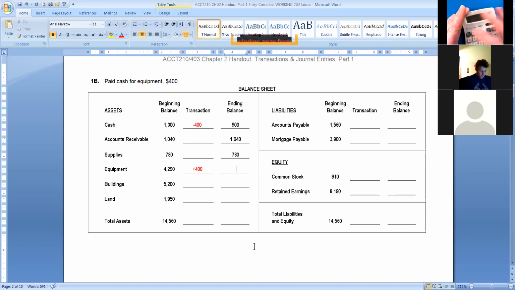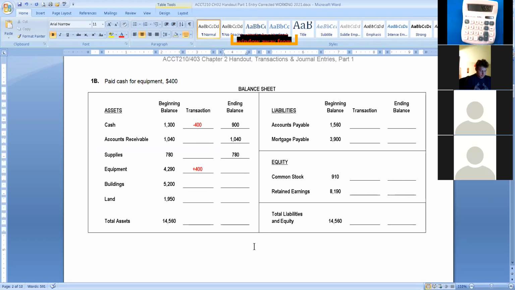$42.90 plus 400. What is that? $46.90. Yeah. Hopefully all that adds up. $14,000. 60.